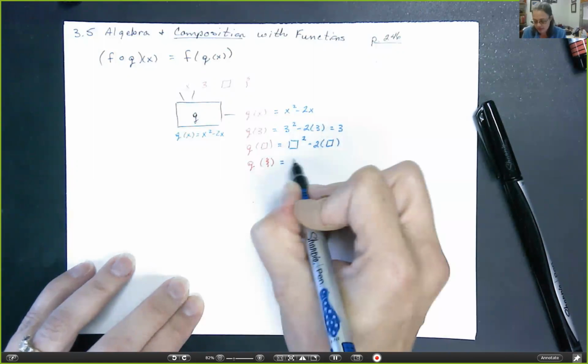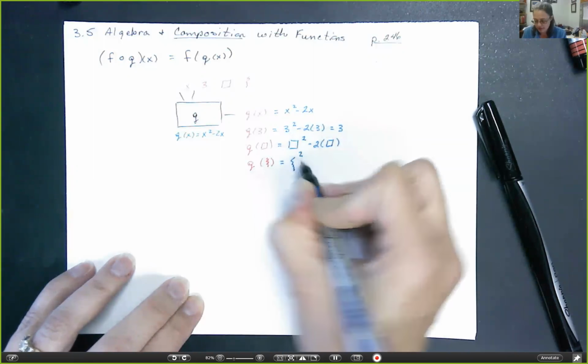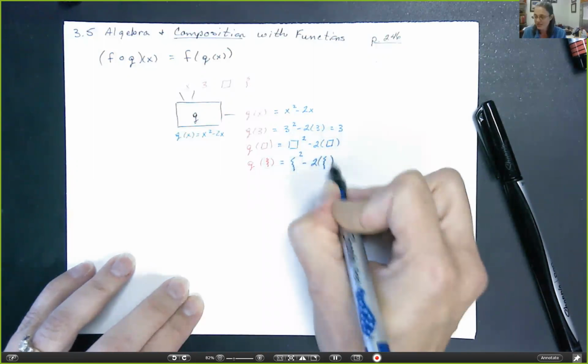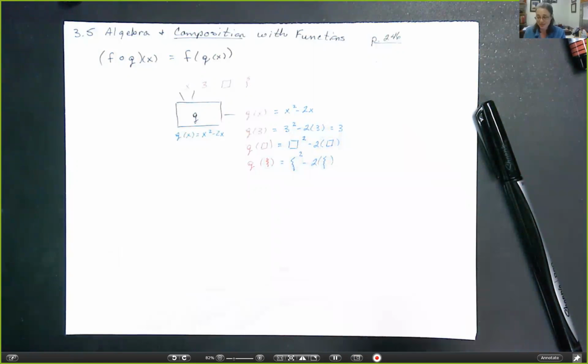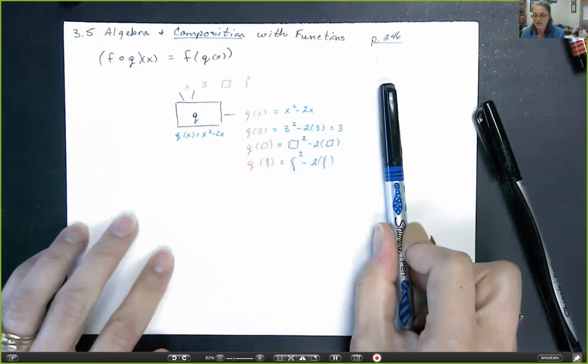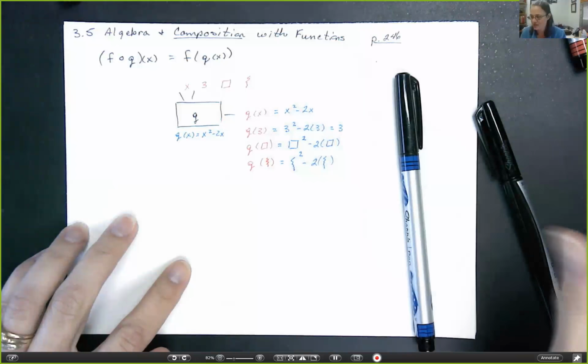G of squiggle D is squiggle D squared minus 2 times squiggle D. You get the idea. Whatever is inside the parentheses, I square it, and then subtract 2 times that number, because that's what G does.